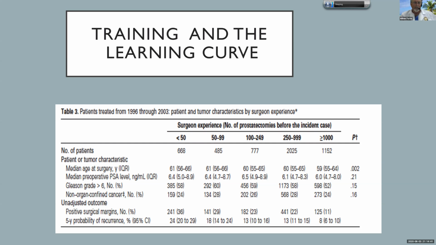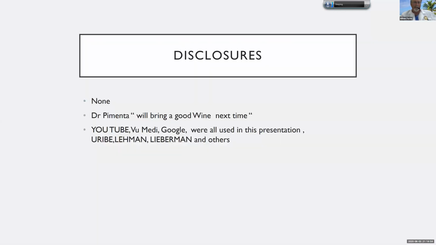I do think that there's a learning curve which the robot and computer-assisted navigation can help, but nothing substitutes for experience. So even though we've done 999 cases, you still get better after 1,000 cases.